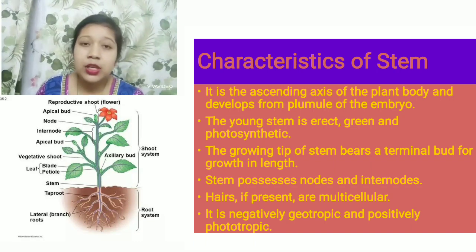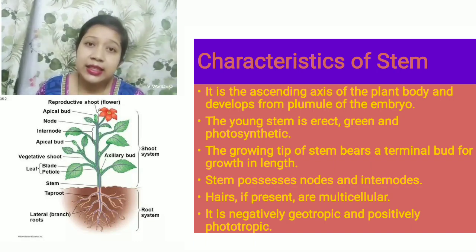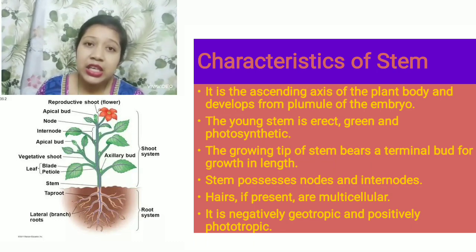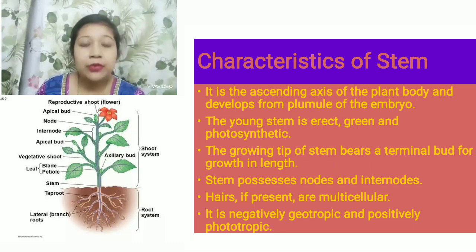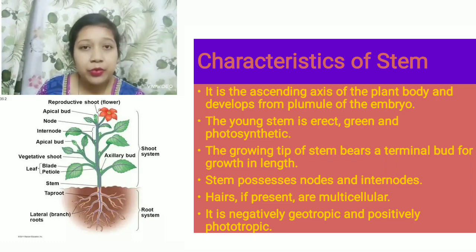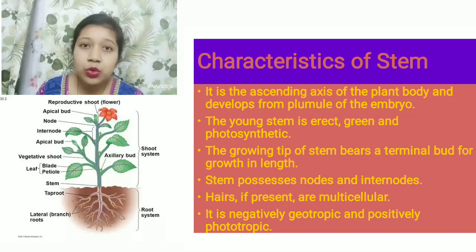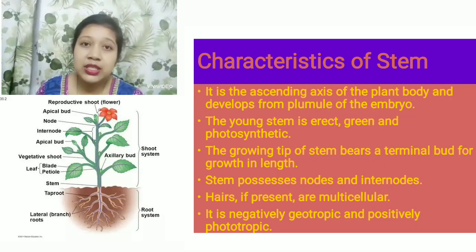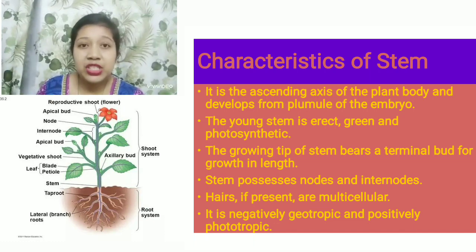So in very simple words, the stem bears terminal buds, and they are generally positively phototropic and negatively geotropic. I think phototropic and geotropic, these two terms were discussed in the root system also, but it was the opposite of the stem. In the case of the root, it was positively geotropic and negatively phototropic.